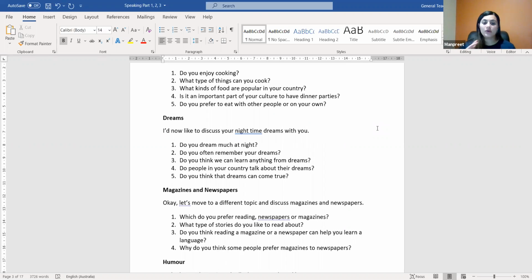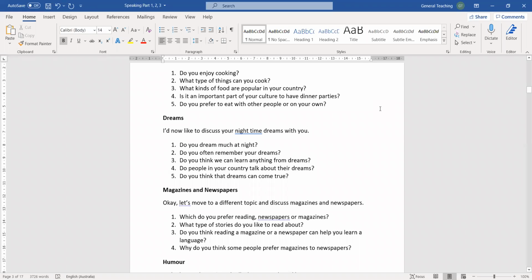First question for you. Out of newspapers and magazines, which one do you prefer reading? I generally prefer reading a newspaper, mainly because it covers almost all the activities going on in our daily life, like political news, economic news, and various other news as well.